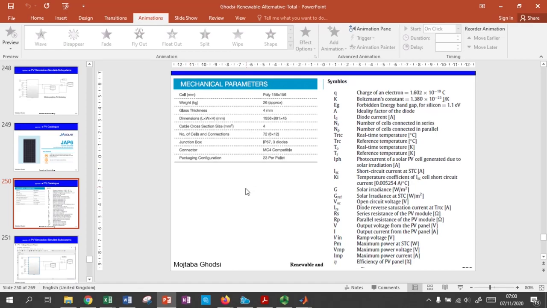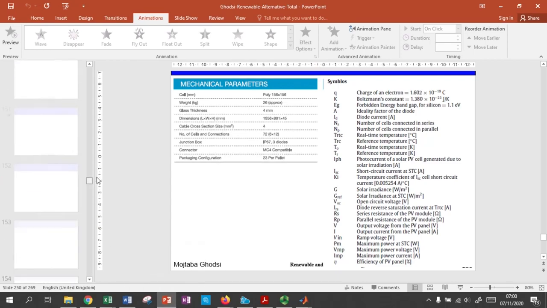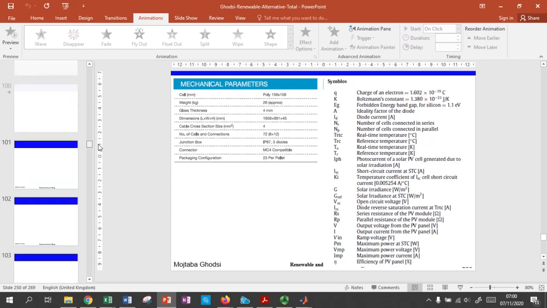What about NS? What about the value for this one? Let me check whether it is mentioned before or not.